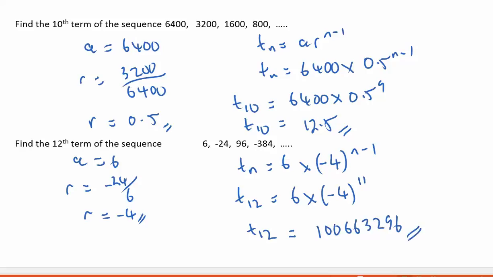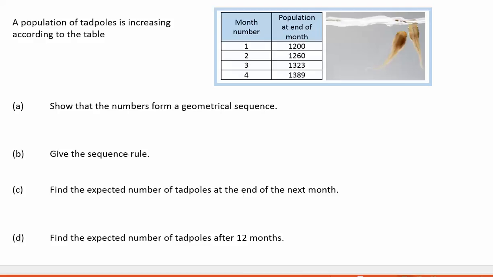100663296 as our answer. Now the tadpoles, firstly, you can see that there's not a common difference. The first to the second is 60, then we go 63. So it's likely that this will form a GP. I'll write down the first term though.